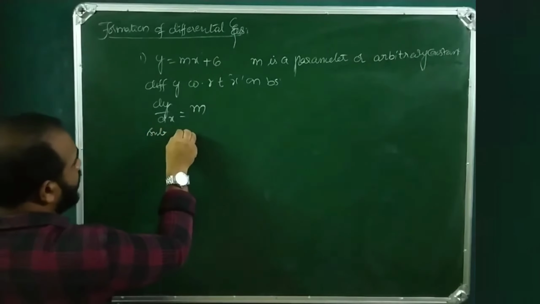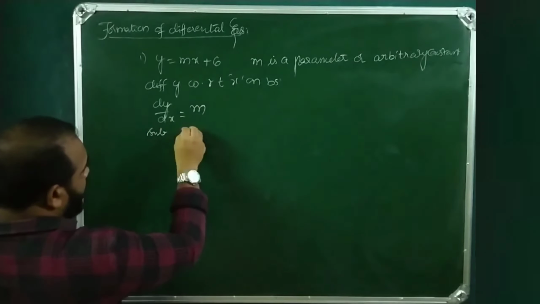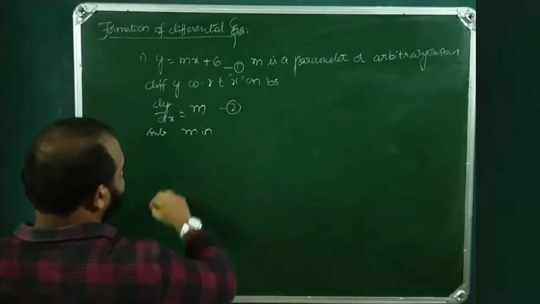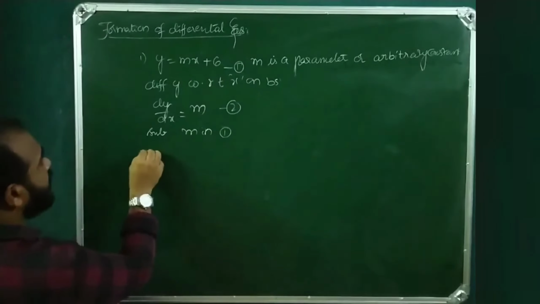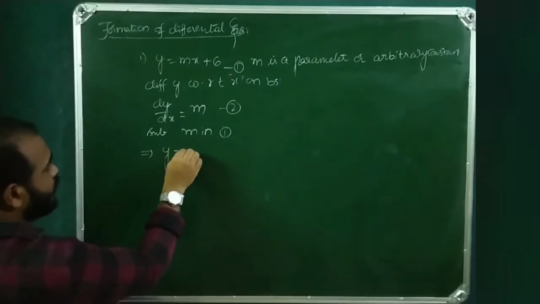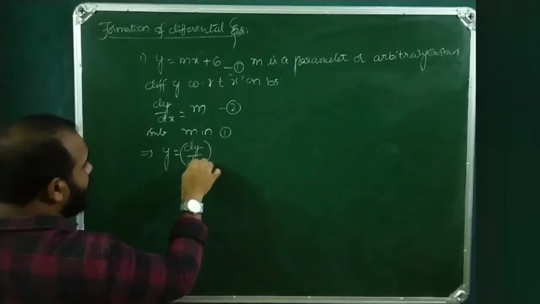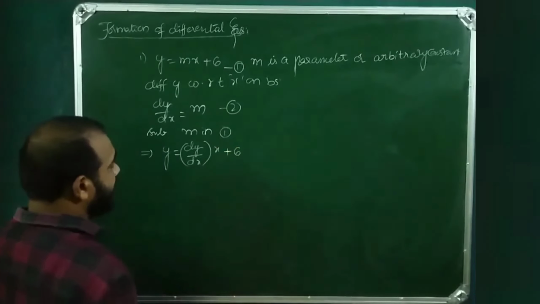Substituting m in the first equation, then we will get y is equals to, what is m? dy by dx into x plus 6.